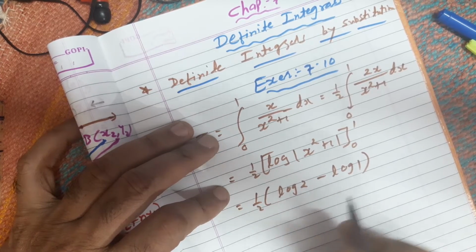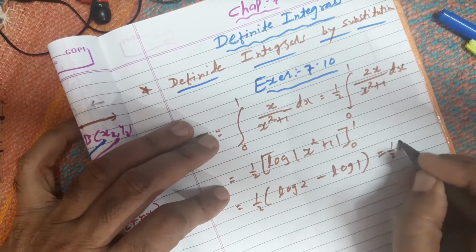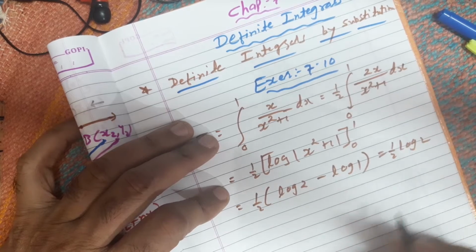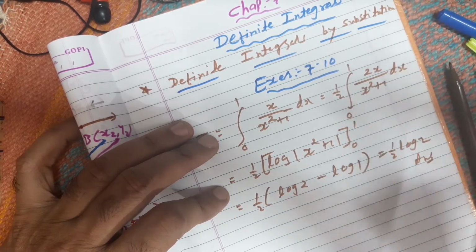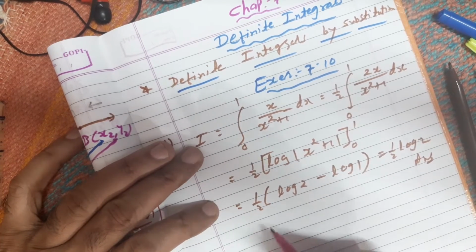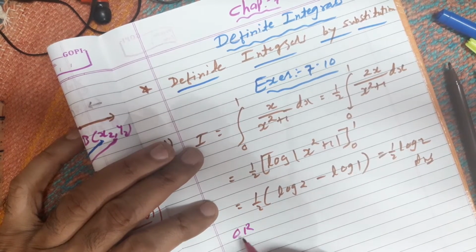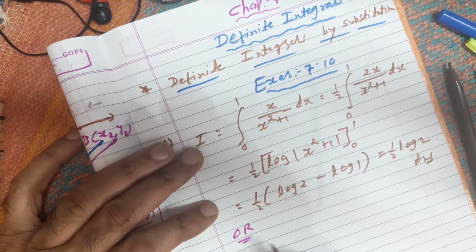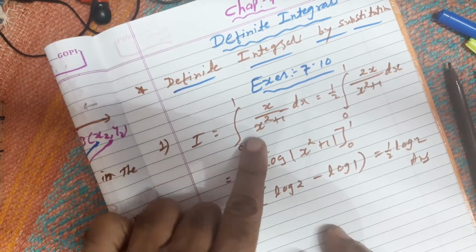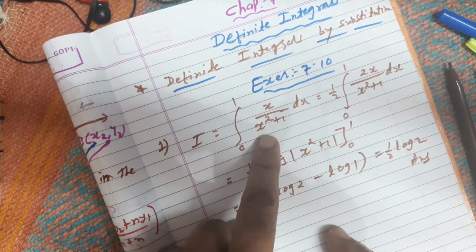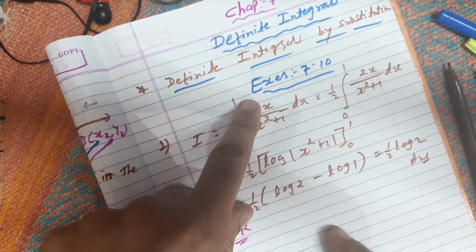So 1 by 2 log 2 is the answer. This is our answer, 1 by 2 log 2. Now, their intention in giving this sum is that you take a substitution. When you take a substitution, the denominator's derivative you can arrange in the numerator.